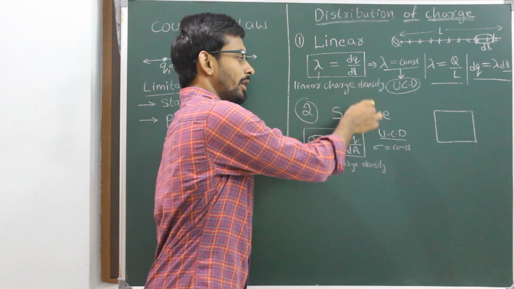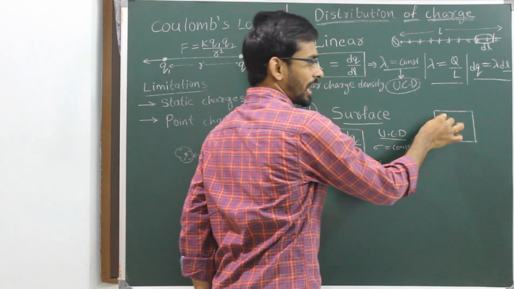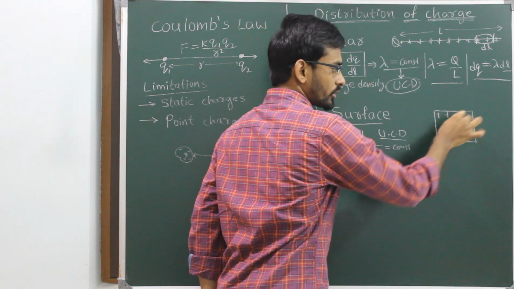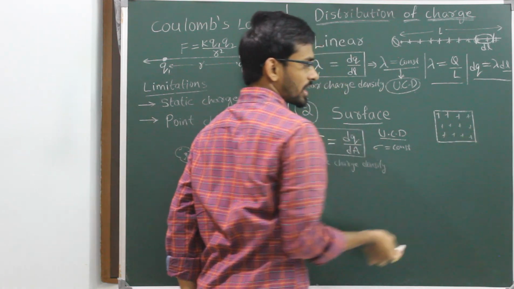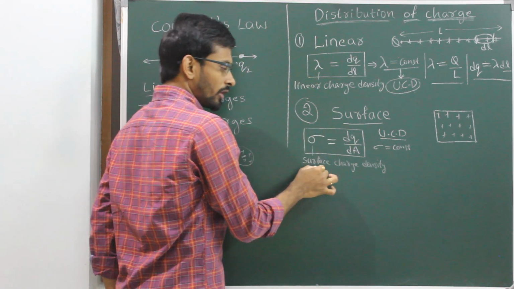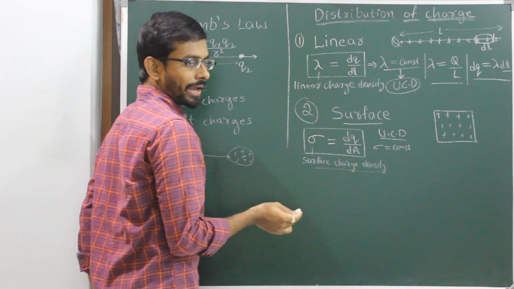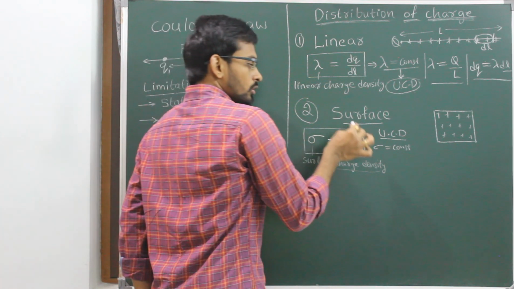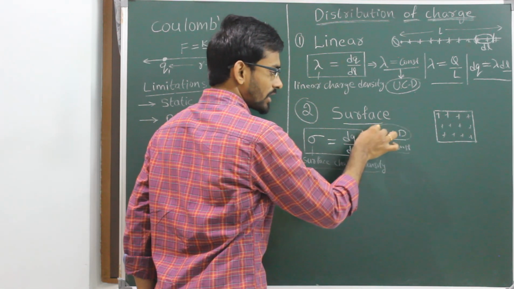So next case, when charge is distributed over a surface, that is, let us say the charge is distributed throughout the surface. Now we call this distribution surface charge distribution. In this case, we define a term called surface charge density sigma. It is charge per unit area. So when charge per unit area is constant, we call it a uniform charge distribution.